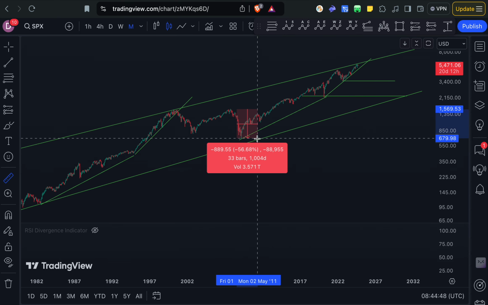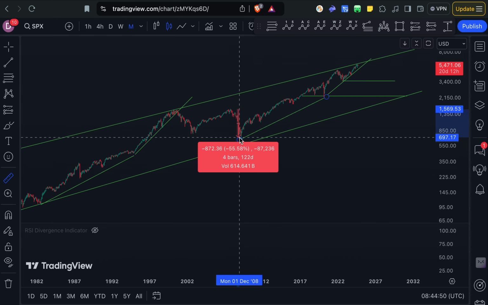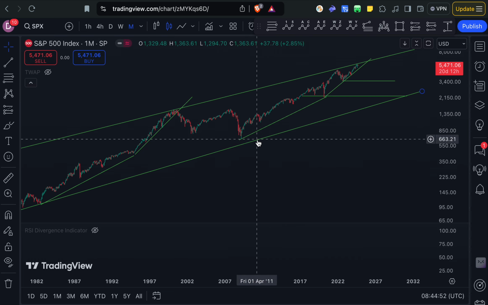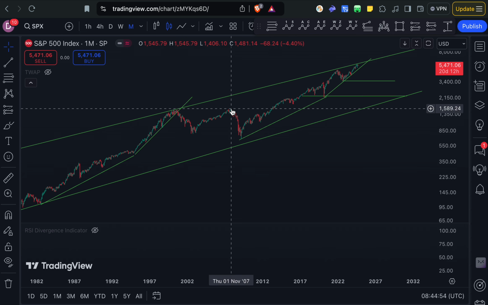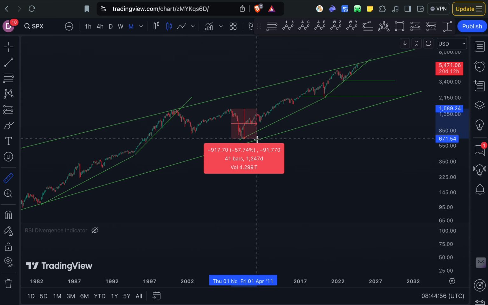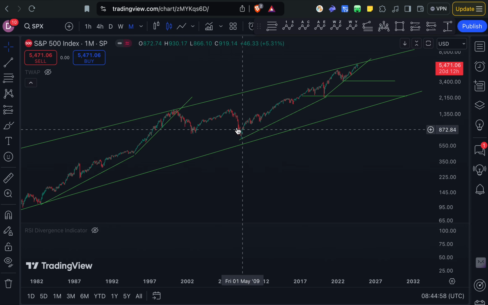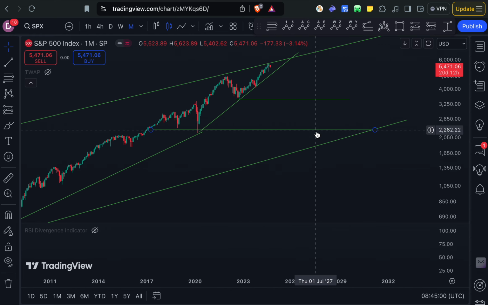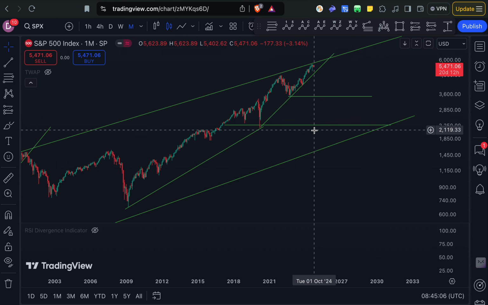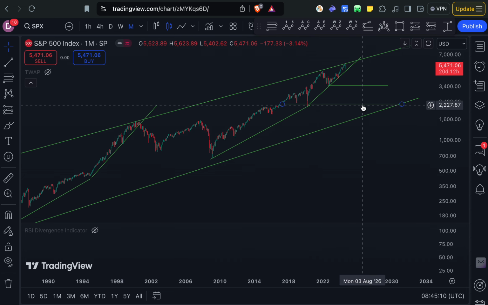This was minus 56 in 2008, so not completely unheard of. Yeah, roughly 58%. So it could still happen that we go all the way down here as well, 2,200. That would be nice for those who want to long S&P 500.